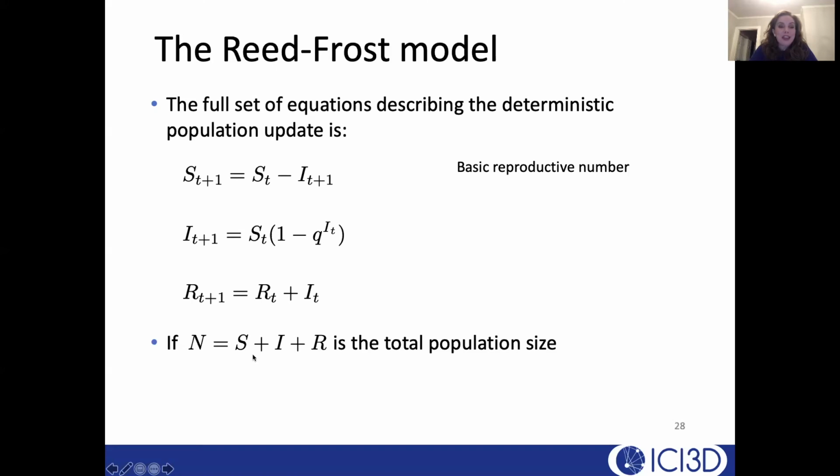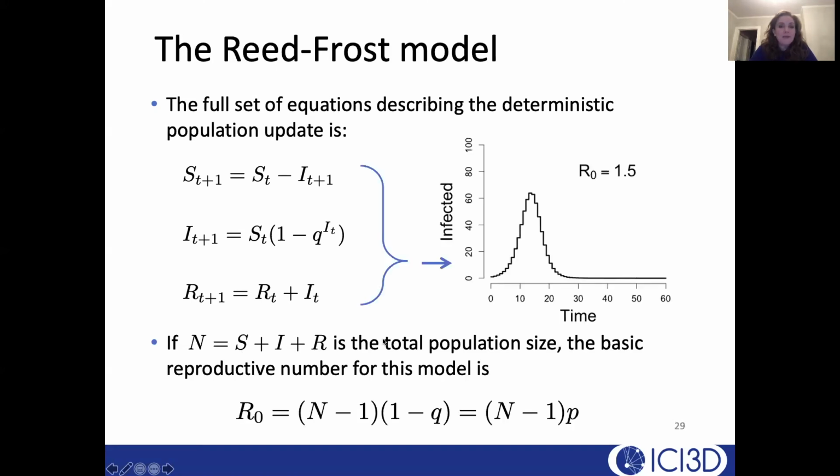So S equals N minus 1. And that gives us the reproductive number for this model.